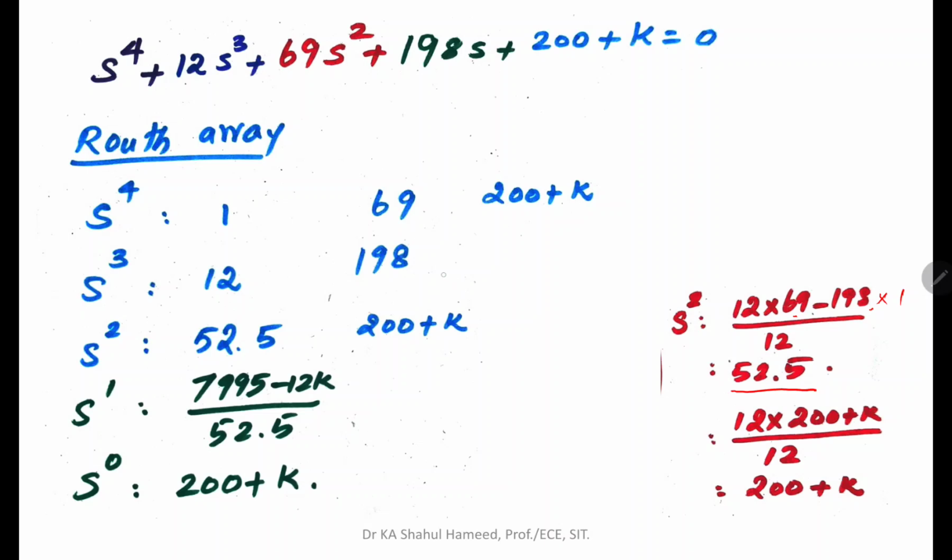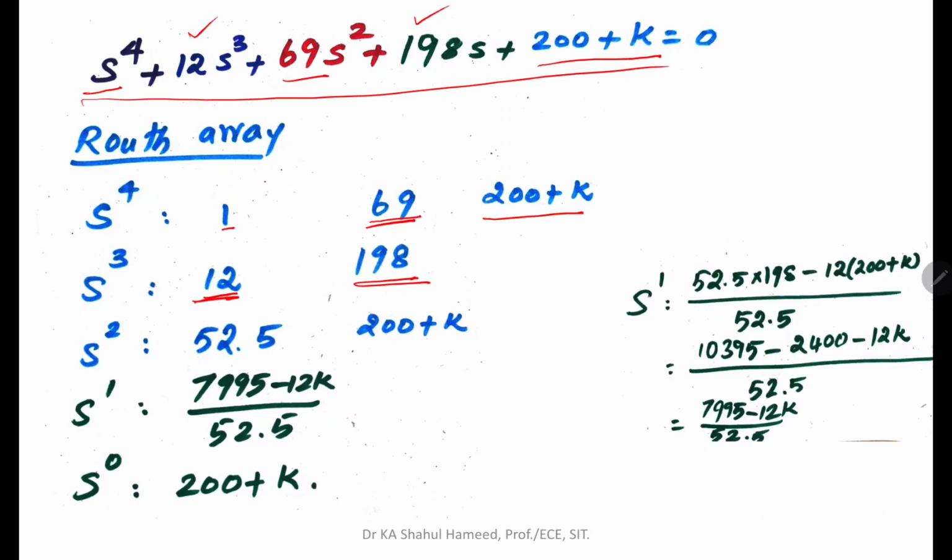Then the second element is formed by 12 into (200 plus K) minus 0 into 1, divided by 12. We cancel out 12 and get 200 plus K. So the third row is 52.5 and 200 plus K.